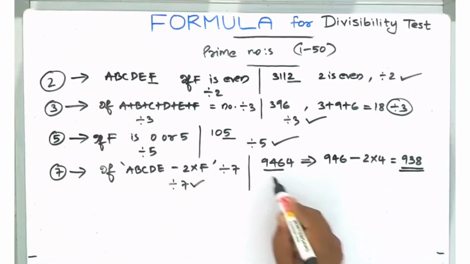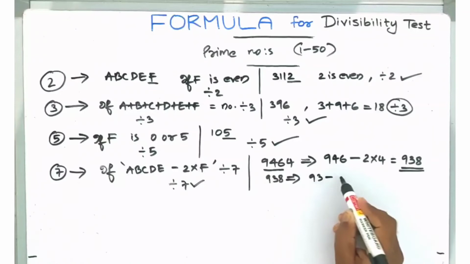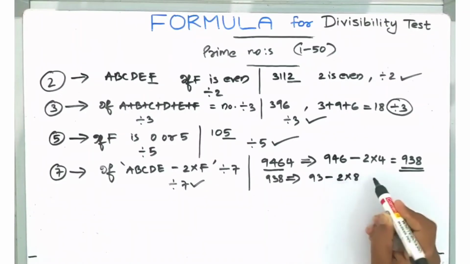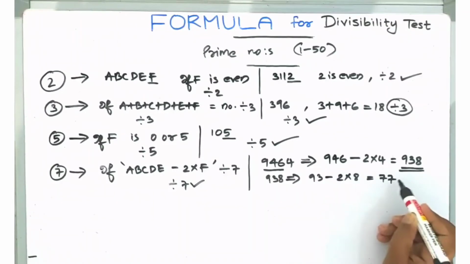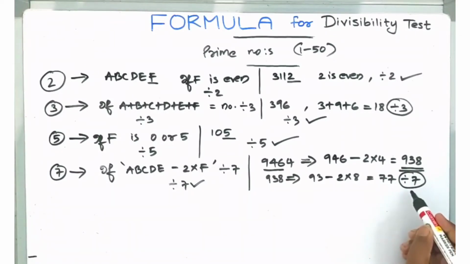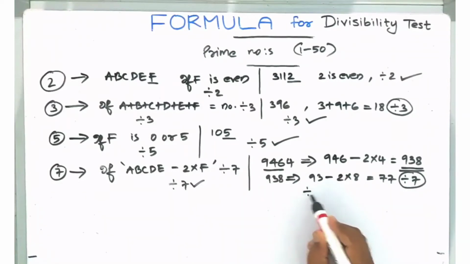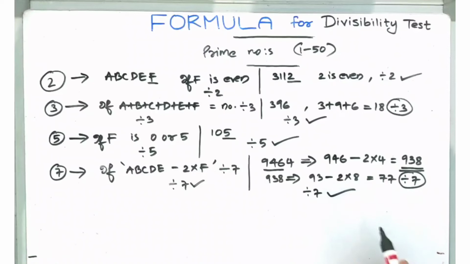Apply the rule here. 938 becomes 93 minus 2 times 8. It will become 77. We all know that 77 is divisible by 7. So 9464 will also be divisible by 7.